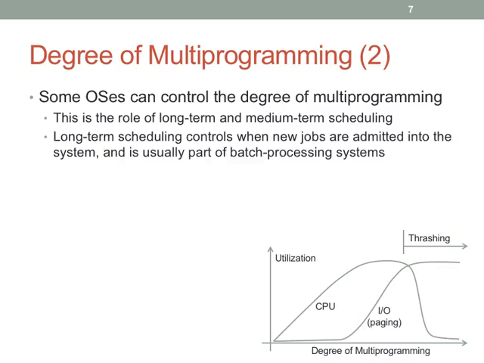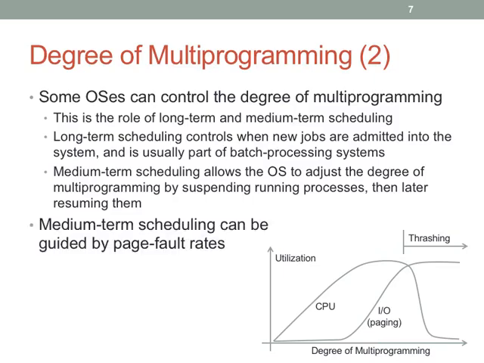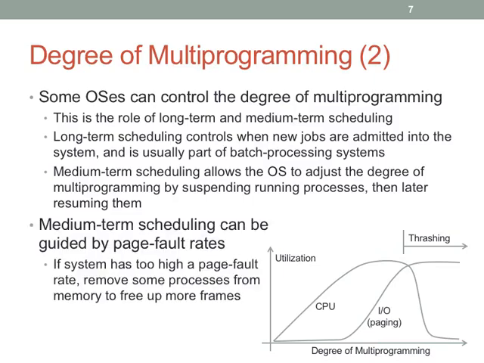With long-term scheduling, you could prevent processes from being added to the runtime, so that the OS prevents saturation from occurring. Or with medium-term scheduling, you would go ahead and start suspending processes, and then you could resume them when other processes terminate. Like if you suddenly discovered that one process needed a lot of frames, then you could either suspend it and allow other processes to finish, or you could suspend other ones and let that one finish and get out of the way. So you could do something like that.